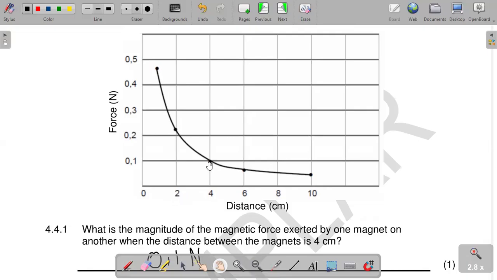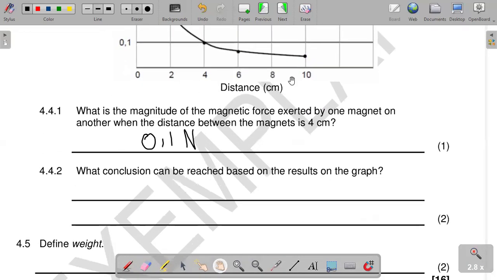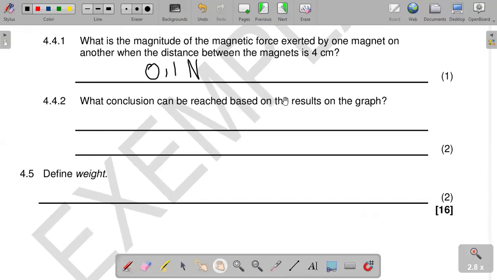When it's 4, it becomes 0.1. And then when it's 6 here, it's below 0.1. So as the distance becomes bigger, the force decreases. Okay.